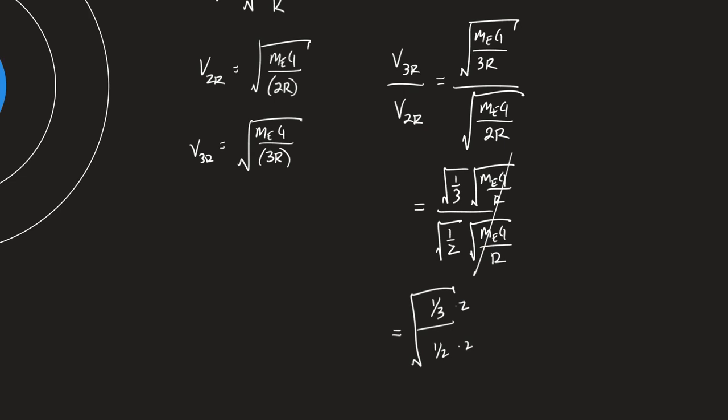And that'll give me the root of 2/3. So that's V3r to V2r. So when you're at the other orbit, you have to do the square root of 2/3 the velocity to be there.